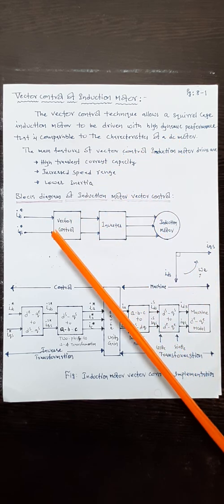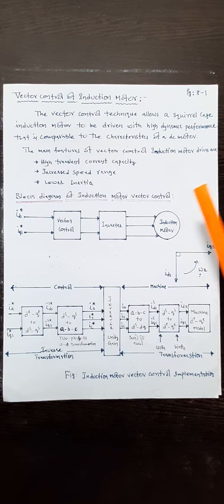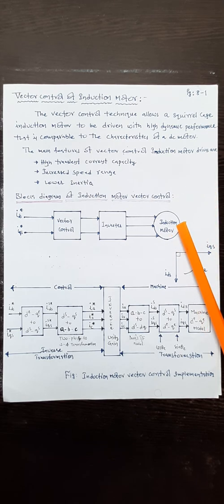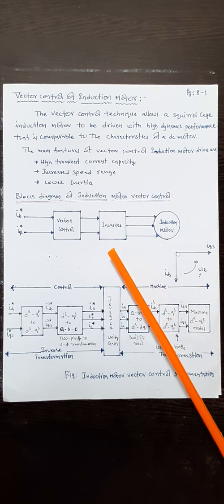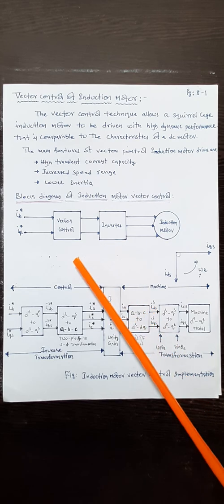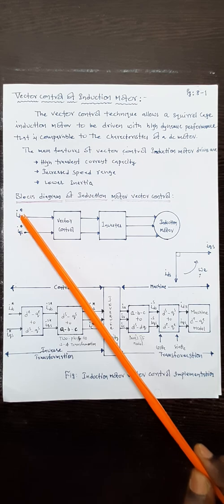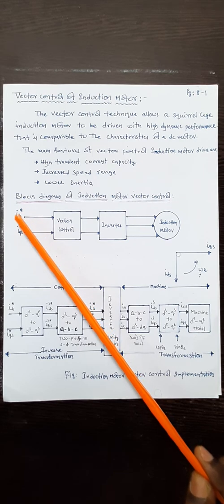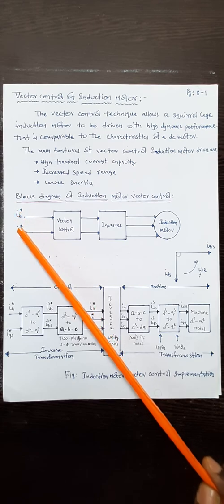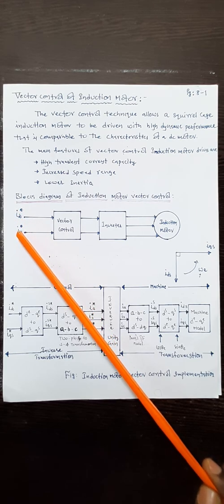Let's go to the block diagram of induction motor vector control. Here the induction motor is fed through the inverter, whose control strategy is a vector control strategy. You see here IDS star, the stator direct axis current, and this one is the stator quadrature axis current.